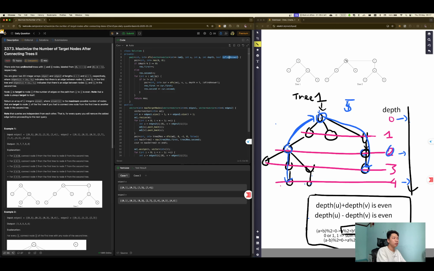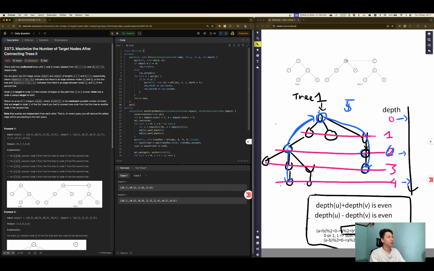Then we may want to reuse these functions. No, I'm going to write two functions to follow the single responsibility principle.